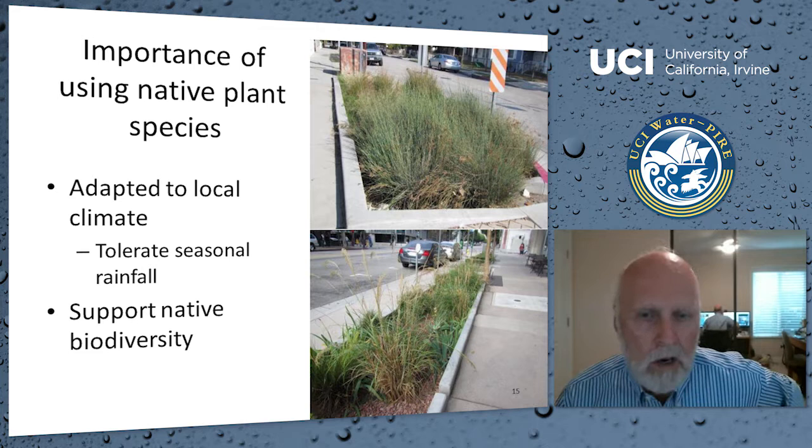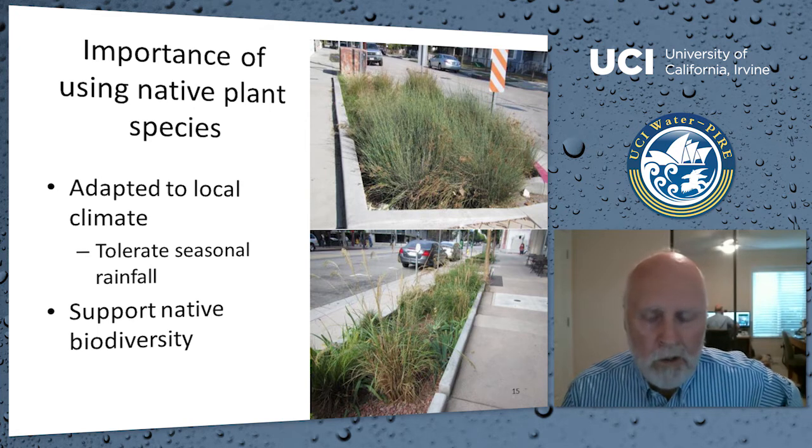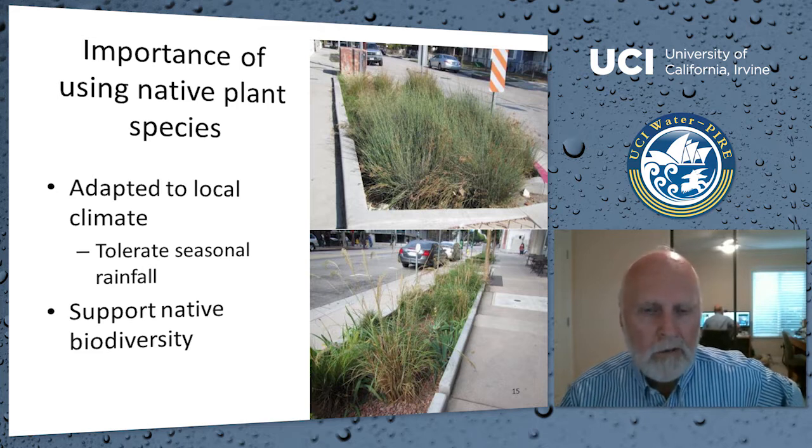And so it's possible that you can maintain non-natives looking good throughout the year, but most likely you're going to need supplemental irrigation for that, which provides its own sort of costs and obstacles. And then the other, probably the biggest advantage of native plant species is they're more likely to support native biodiversity.